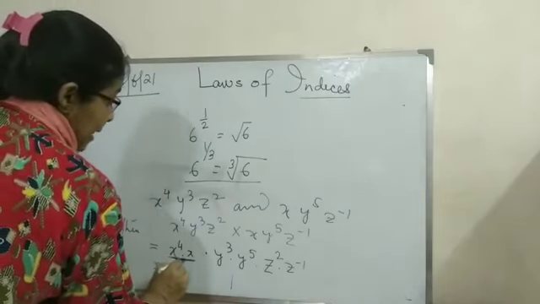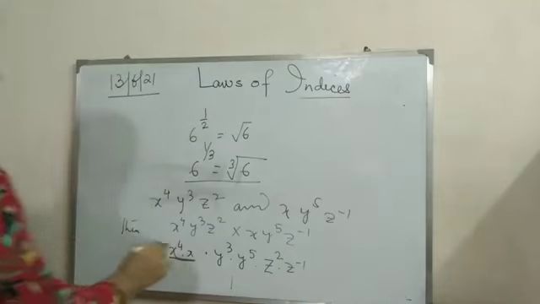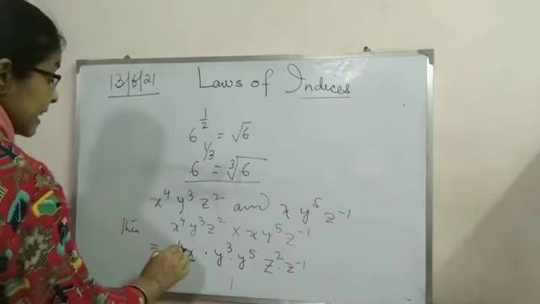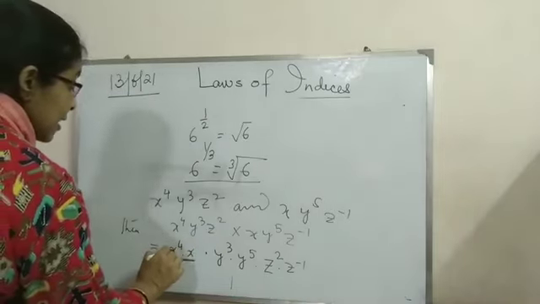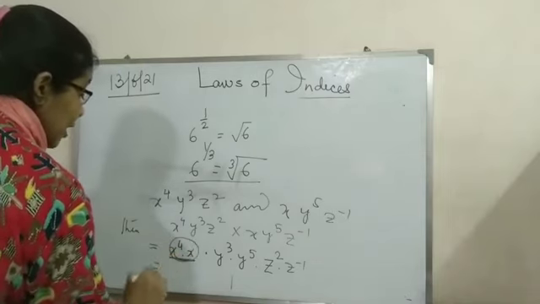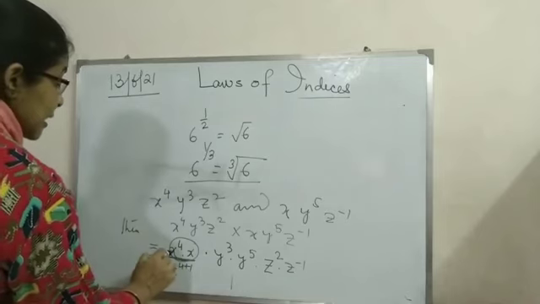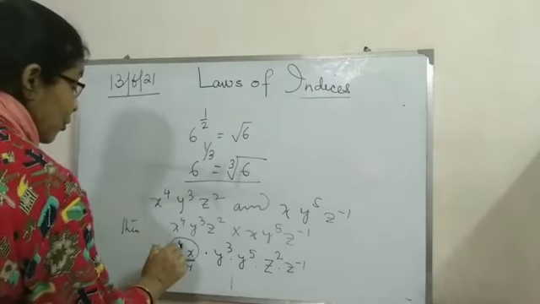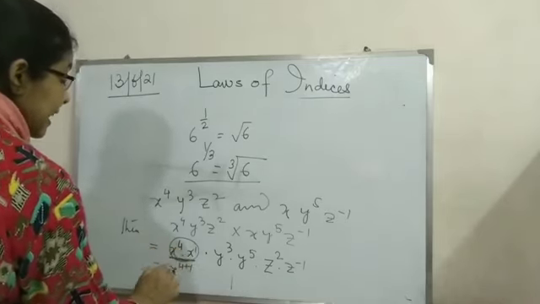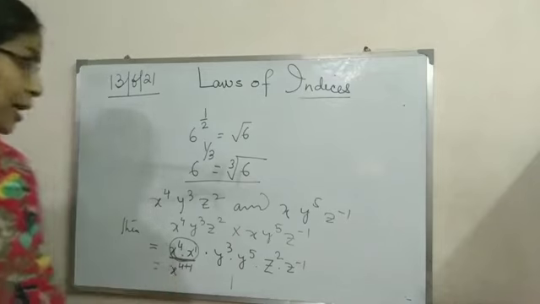Here the base is x and the powers are different in this portion. So I can write it in this way. If I multiply x to the power 4 into x to the power 1, then I can write it in this way, x to the power 4 plus 1.